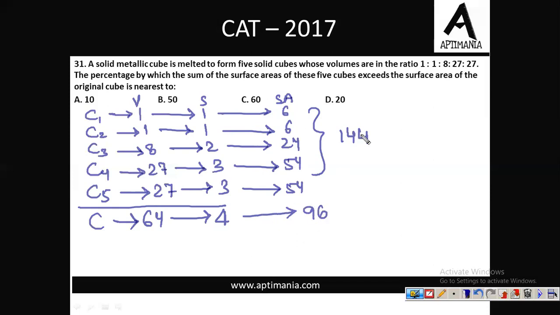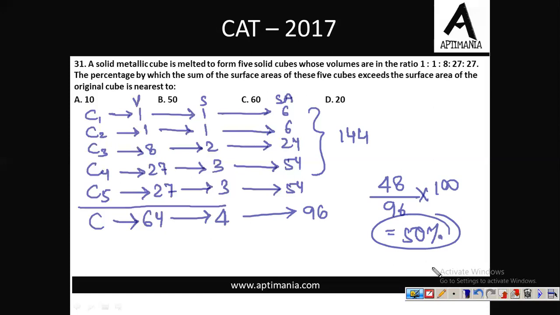So there is an increment or excess of 48 over 96 into 100, which turns out to be 50%. So the correct answer for question number 31 is option B, 50%.